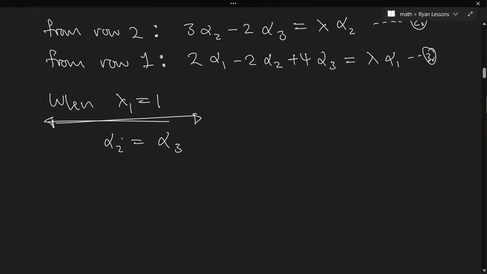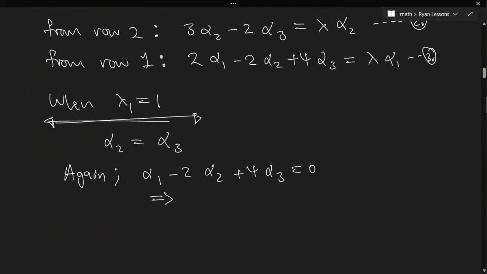Then again, if we put lambda equal to 1 in the other equation, we get something of a similar sort, because this becomes alpha 1, it comes here, subtract, and we're left with alpha 1 minus 2 alpha 2 plus 4 alpha 3 equals 0.